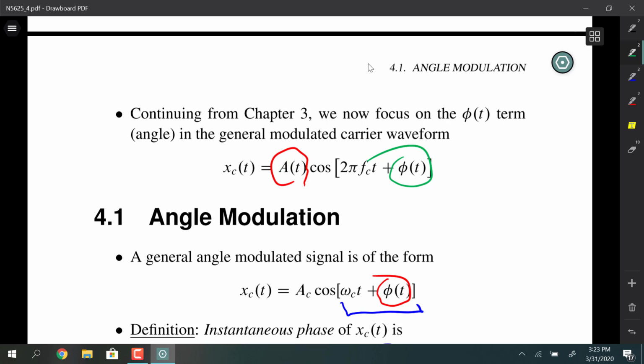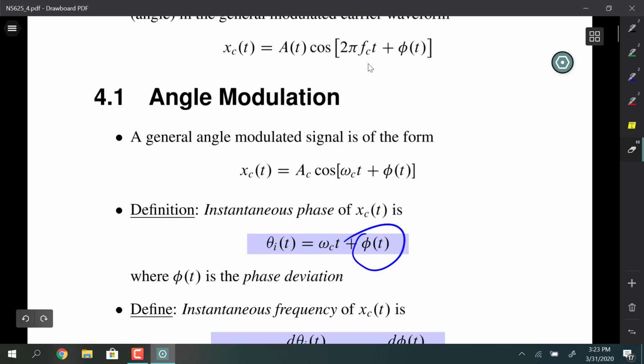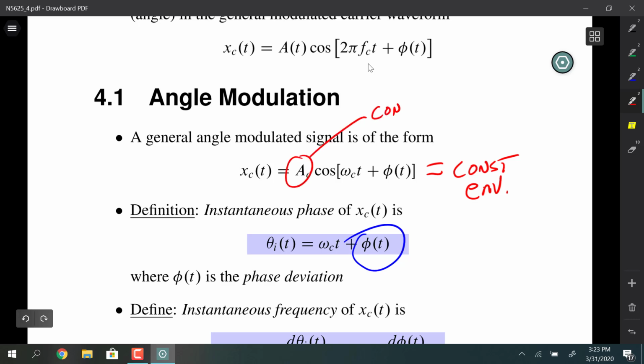So what I wanted to do was, well, I guess I wanted to use this down here. A characteristic of angle modulated signals is that they're said to be constant envelope. And that's because this is a constant.